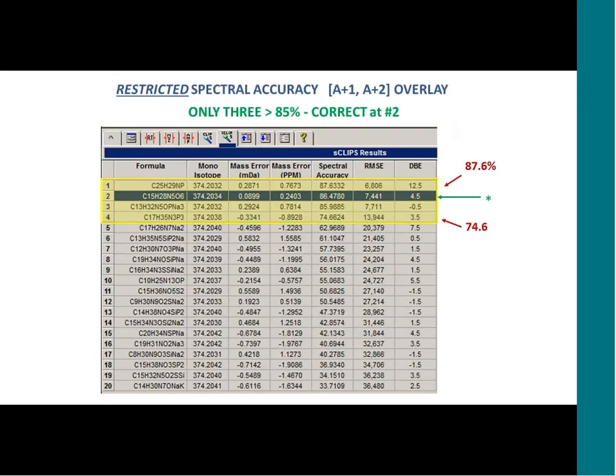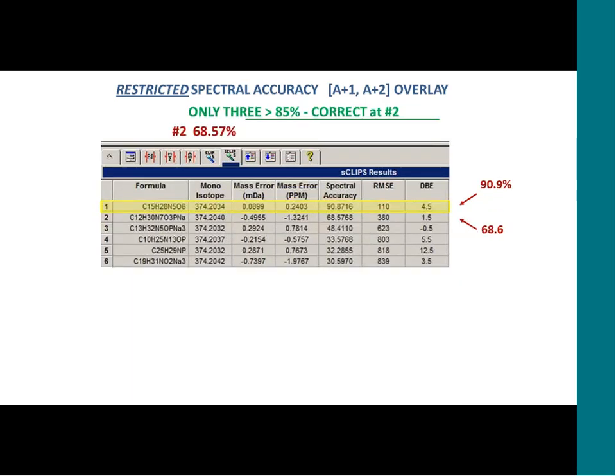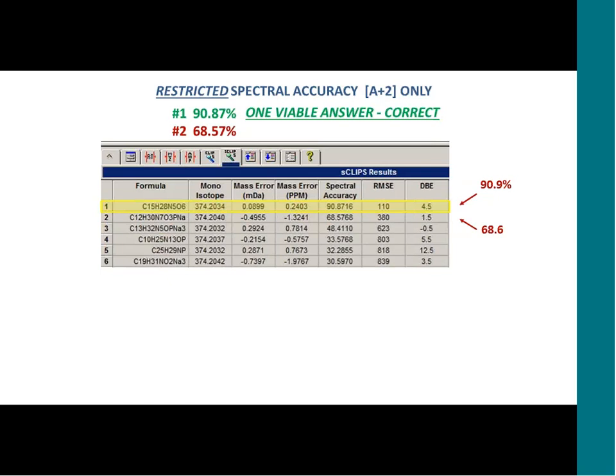Well, now I have a much shorter list. I have 4 candidates between 74% spectral accuracy and 88% spectral accuracy, and my answer has now risen to number 2. If I go a step further and say, I'm going to consider only A plus 2, what happens?